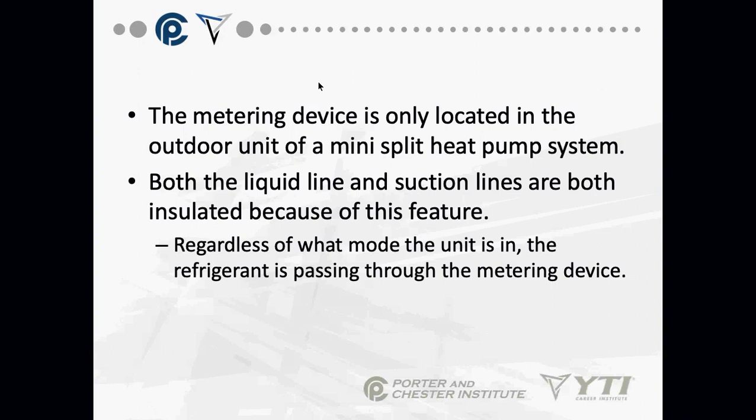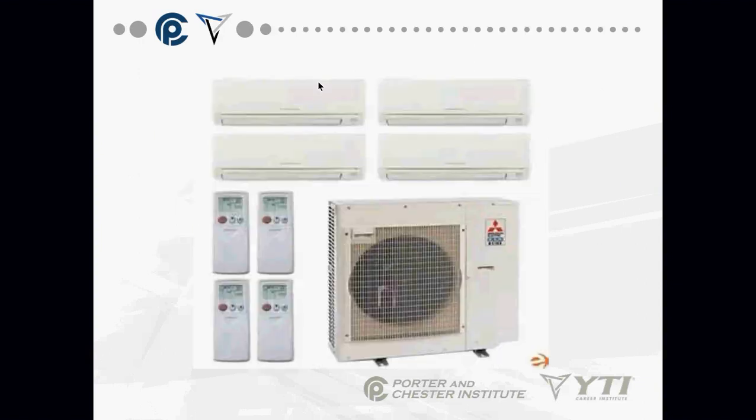Okay, regardless of what mode the unit is in, the refrigerant is passing through this metering device. Okay, so again, with ductless mini splits, the metering device is only in the outdoor unit. And this is also with ductless mini split air conditioning.